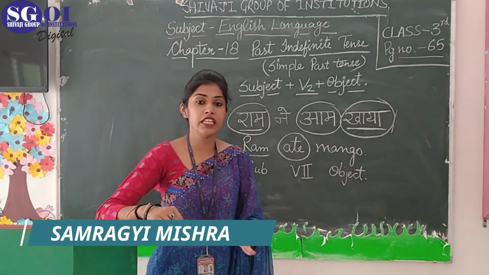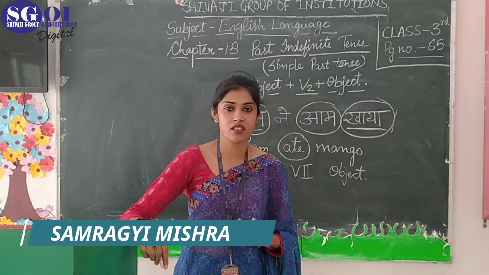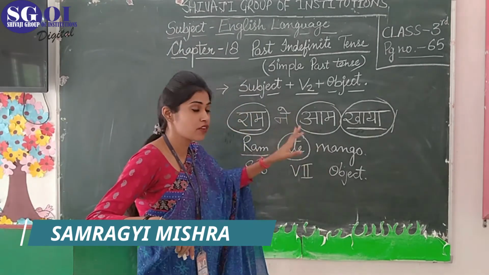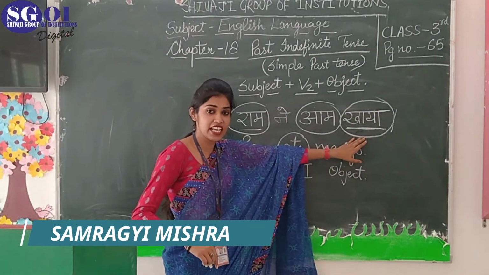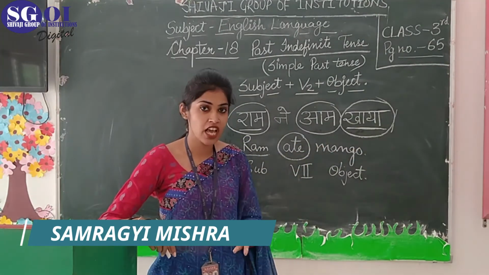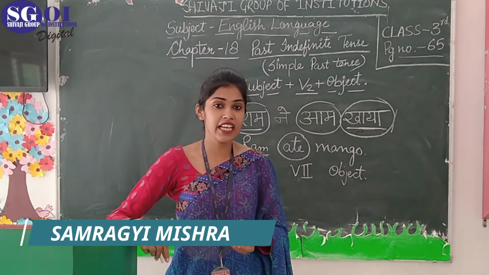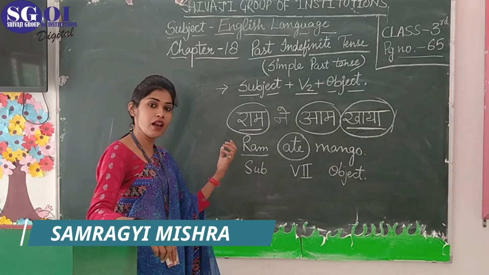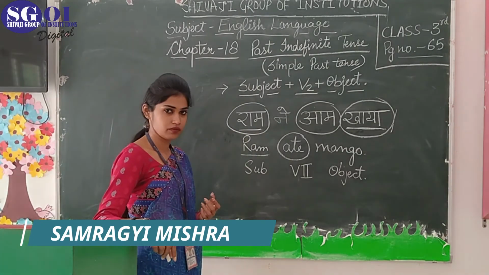You know what verb is in Hindi? Verb means kriya. So what is the verb here? Eat, ate, eaten. Second form of eat, ate. And we have to use the second form of verb to form a simple sentence in simple past tense.